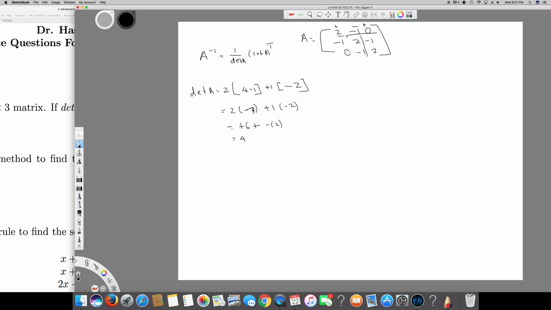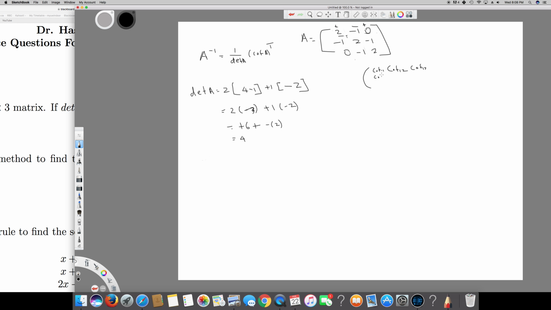Now we have to find the cofactor of this one. There's an equation for finding the cofactor. Let's begin. I put a table here so you will understand. For example, this is cofactor 1 1, cofactor 1 2, cofactor 1 3.